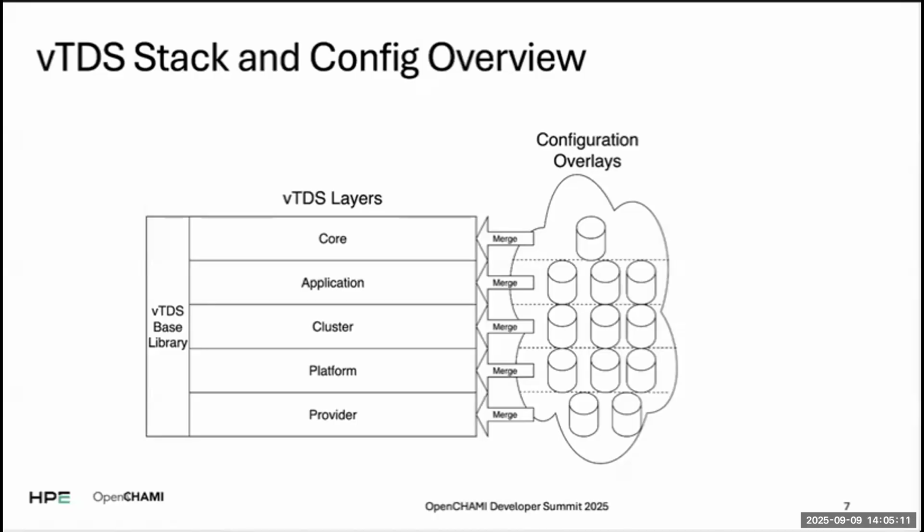The layer implementation does not get to see the config from any other layer. So there's no temptation to go look outside of itself. There are also layer APIs on each of these layers that allow access to the abstracted elements. And so that keeps it nice and clean and pluggable.